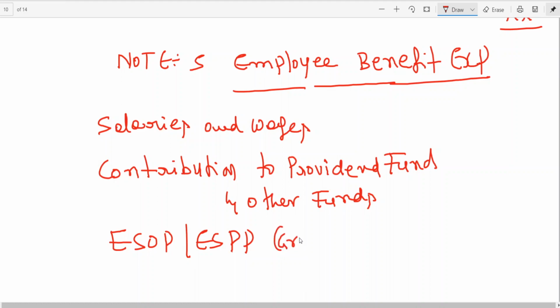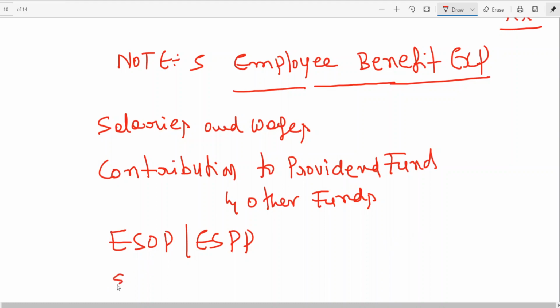This topic you are learning in group 2 CA Inter. Don't write it in the format. Is this clear? Just to explain, I have written it, otherwise you'll be having confusion.